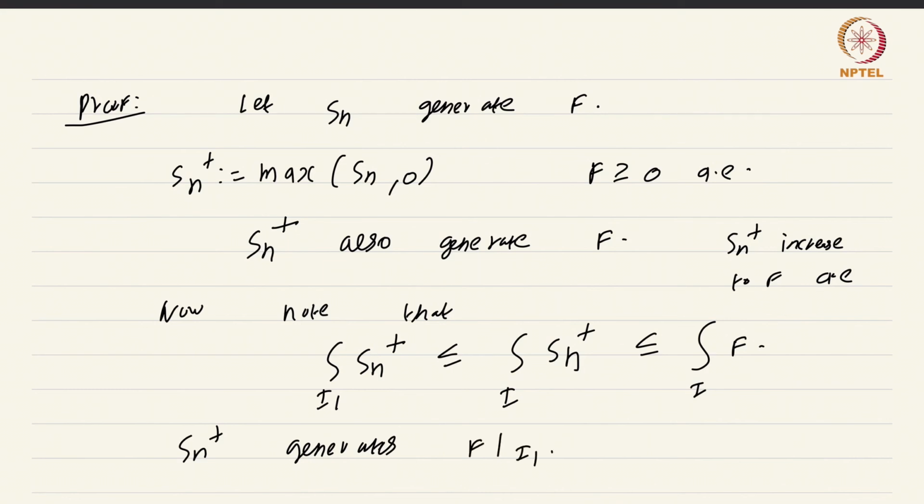So for this inequality, that the integral over I1 of Sn plus is less than or equal to the integral over I of Sn plus, I require the positivity of the functions. What is essentially happening is I is a larger interval, but since the values of Sn plus are non-negative, this integral can only increase and not decrease. So this is the crucial place that actually hinges upon the non-negativity of the original function f.